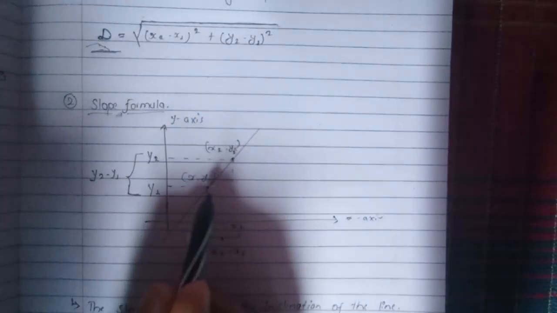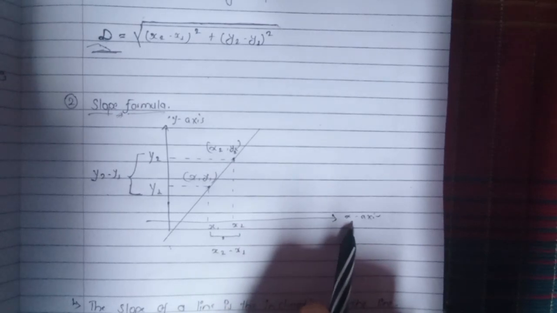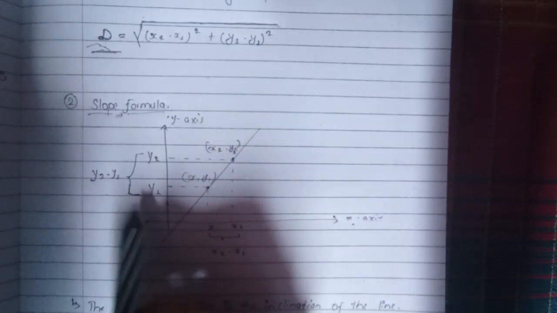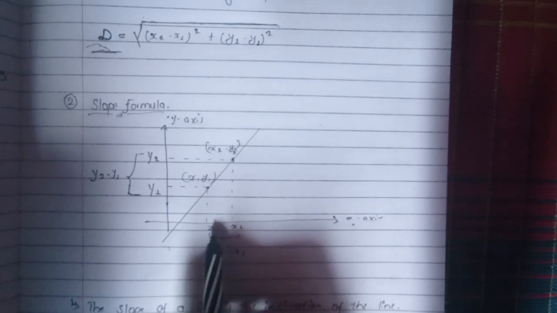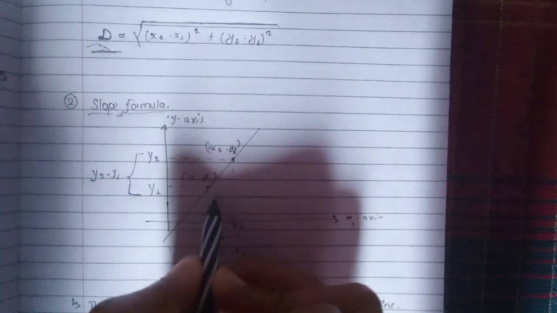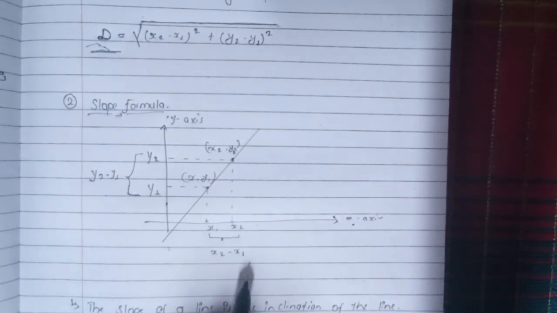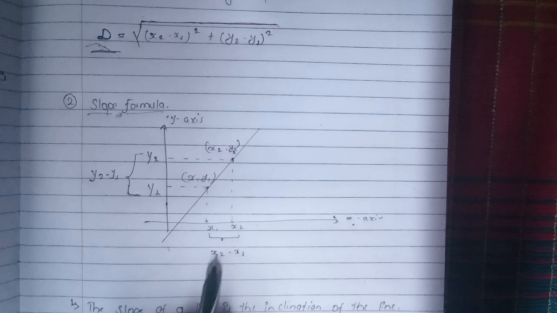These are the two points, this is the y-axis and this is the x-axis, and this becomes y2 minus y1, taken from these two points. And this becomes x2 minus x1.